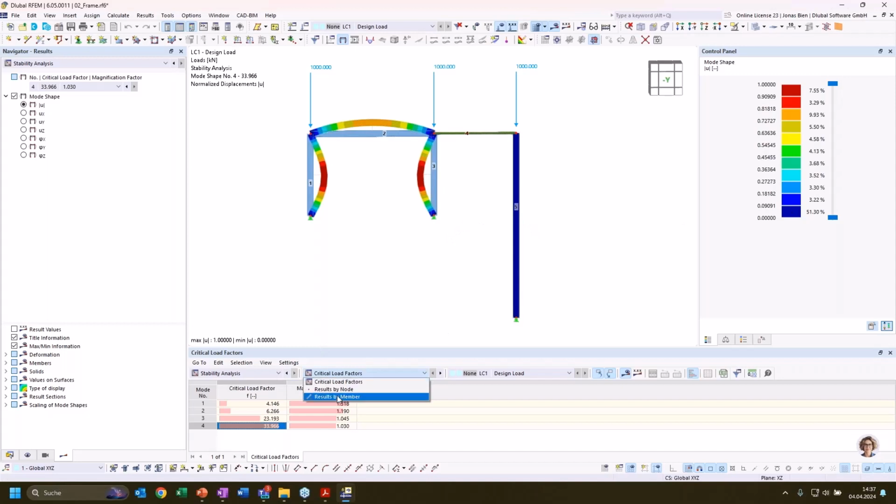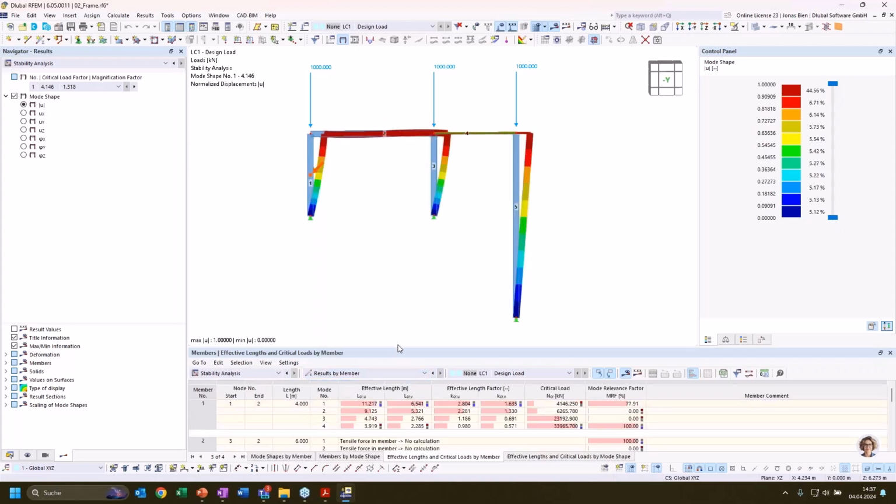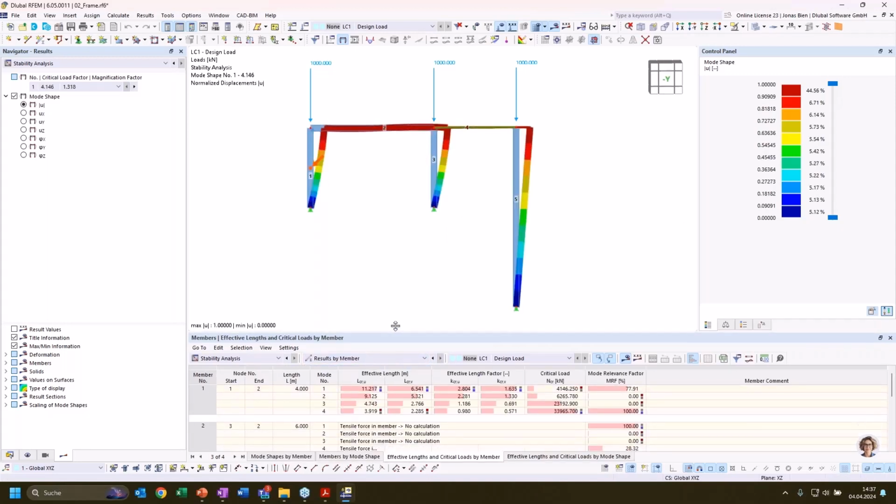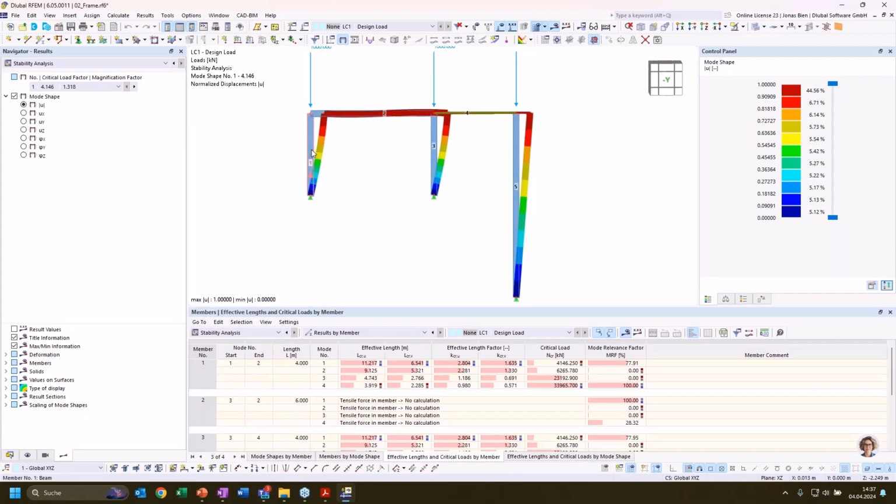If we now want to extract the effective length, for example, for the columns of the two-hinged frame, we can again go to the member results of the stability analysis and check the effective length by member, and I can then click on one of those members and I will automatically be routed to the respective table entries.